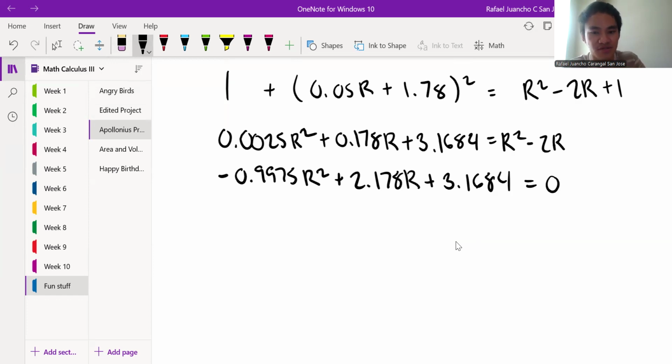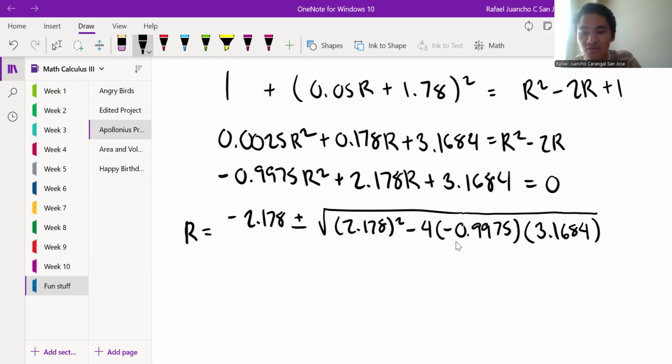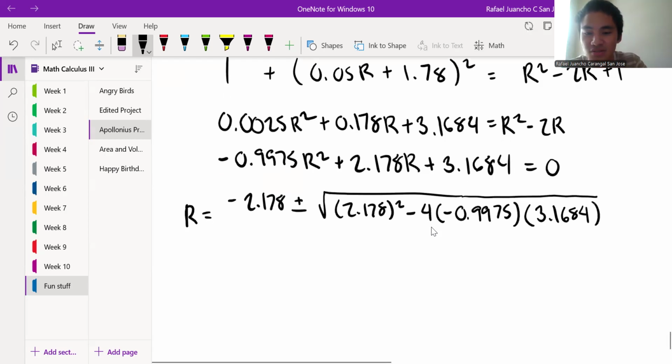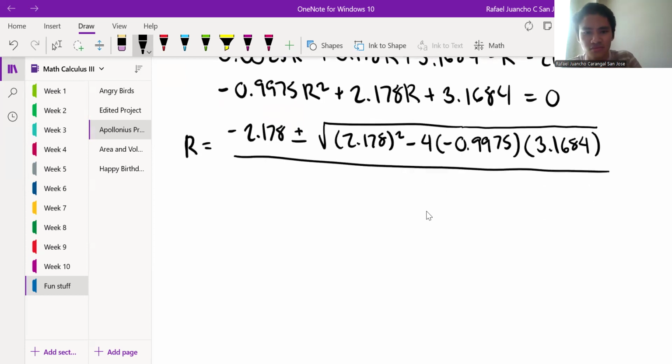And I just do a quad formula here. So this is negative b plus minus square root of b squared minus 4ac. Oh, I got a positive number here. Oh, that's too big. That's the issue. Sometimes it works, sometimes it doesn't.